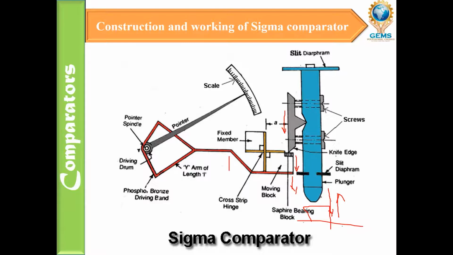The pointer will move in this direction, because here there is a frictionless phosphorus bronze driving drum, so automatically it will move downward. The fixed member stays in position, and the other is movable.